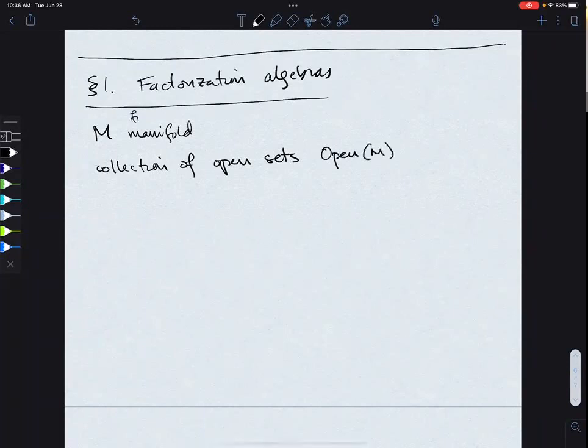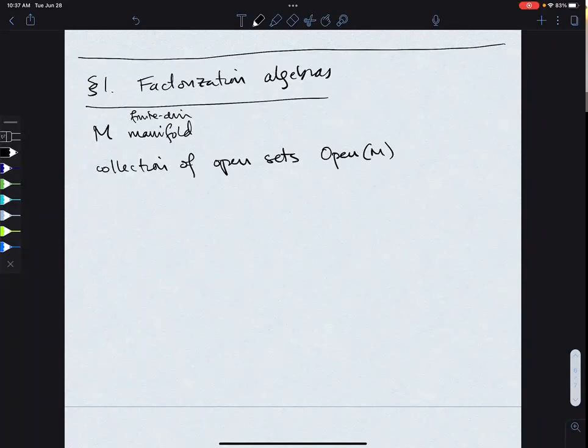Finite dimensional. This definition I'm going to give works on a topological space or even on a Grothendieck site. The notion of a factorization algebra is a very general notion, much more general than field theory. It's like a sheaf, some very general construction. I'm going to talk about finite dimensional manifolds for concreteness.